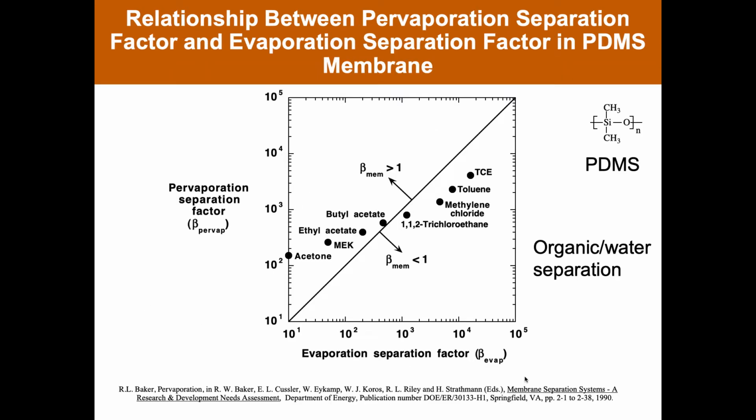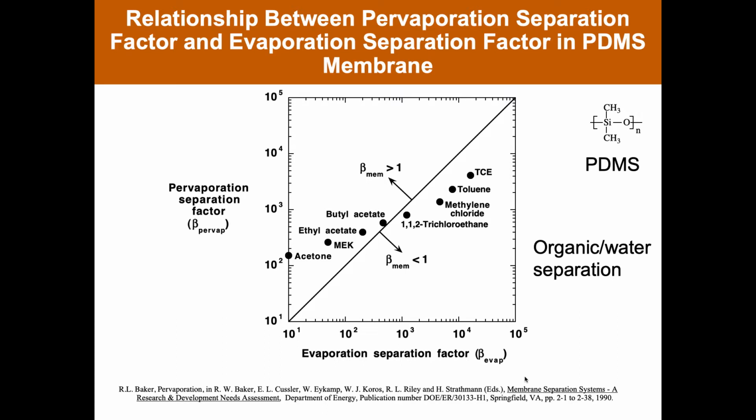And so one of the areas that pervaporation has been considered for, but I don't believe has ever been applied commercially, but there's been a lot of study, is in cleaning up spills or water that's contaminated with low levels of organic liquids. It's incredibly hard in some cases to clean up, incredibly expensive.